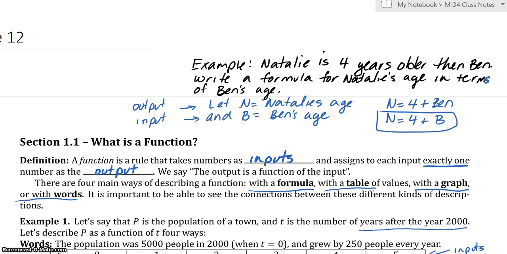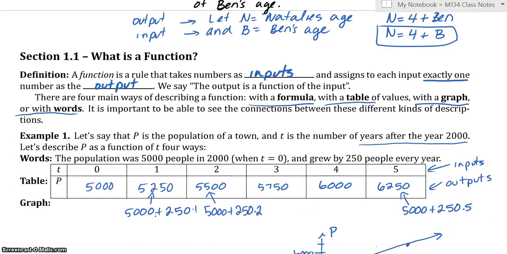If I was to graph this or make a table, I would make B first, because it would be easier to say, okay, when B is 1, how old is Natalie? When B is 2, how old is Natalie? And so forth. So B is called the input. They call that independent because it really doesn't matter how old Ben is. But once you plug in an input, it's dependent because Natalie's age depends on Ben.